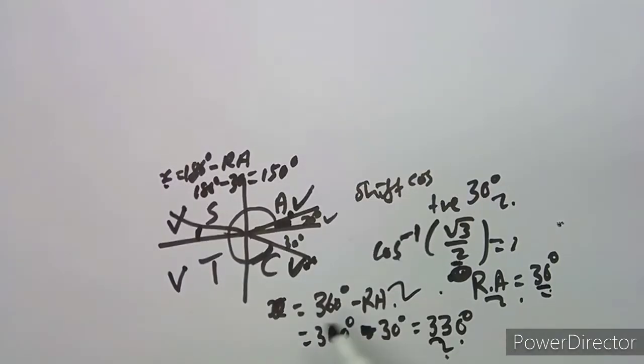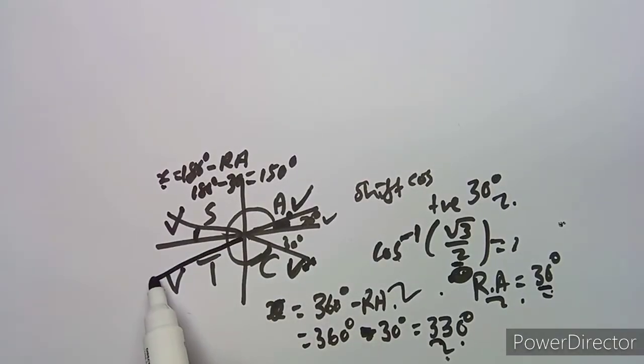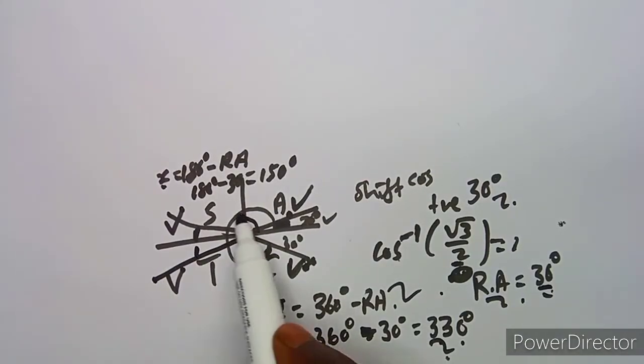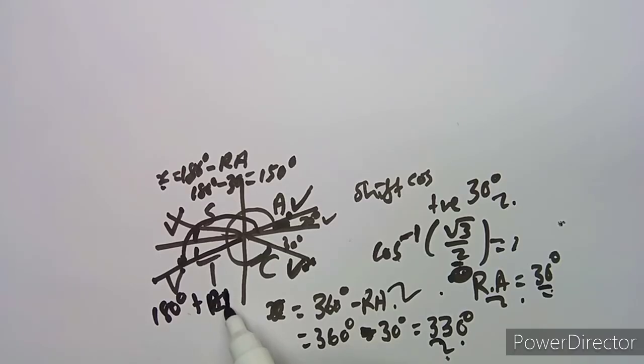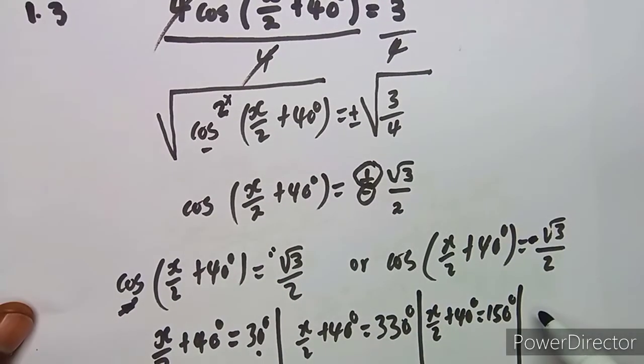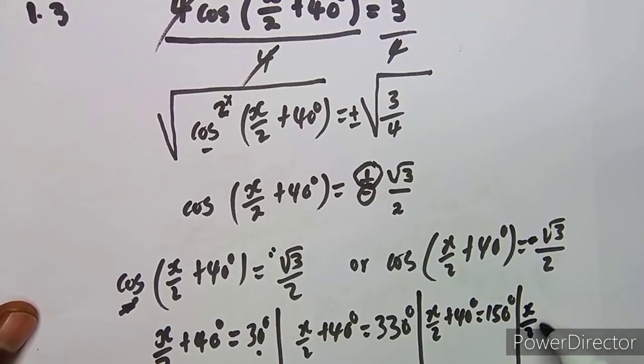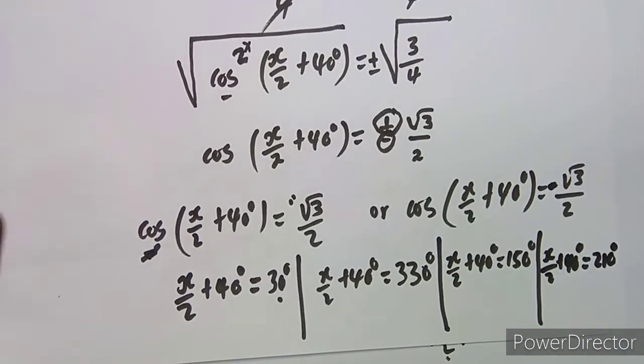Or another one, in the third quadrant, it's going to be 180 plus the reference angle, so 180 plus 30, which is 210. So it's going to be x over 2 plus 40 degrees equal to 210. So these are the possible solutions that you can actually have.